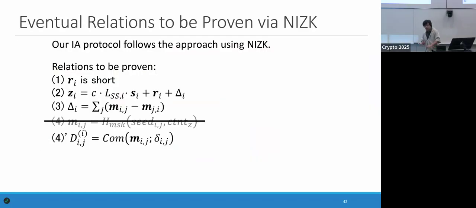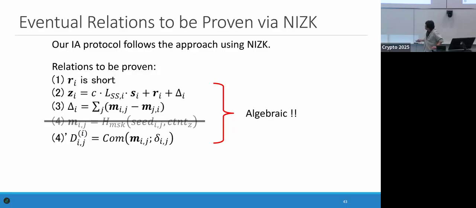So eventually, the signers have to prove this condition within the NISC. Then the final condition is that the commitment is honestly generated. Then all conditions are algebraic.